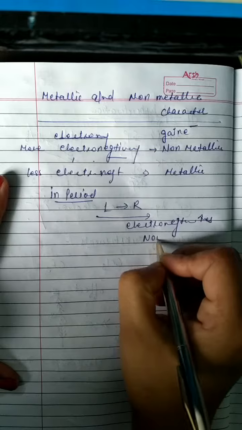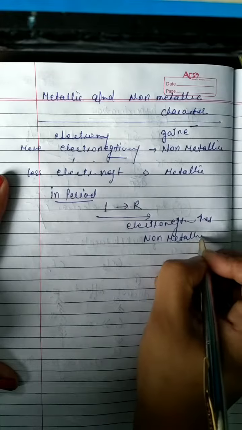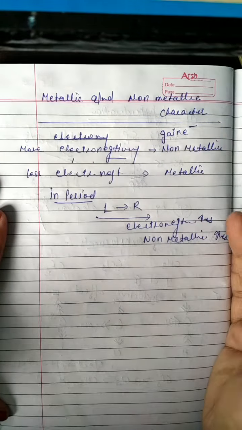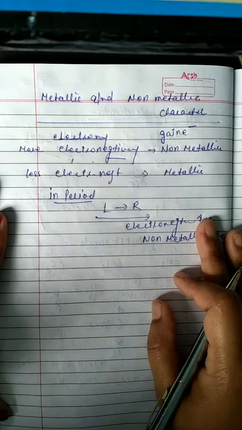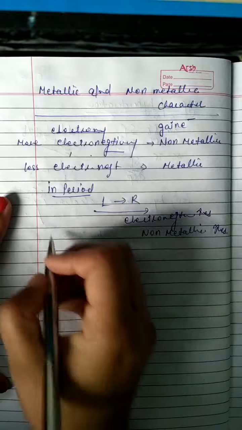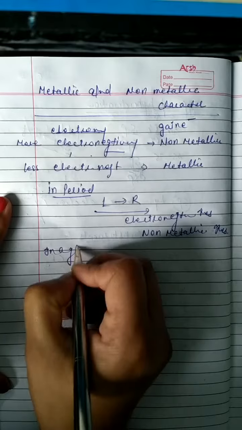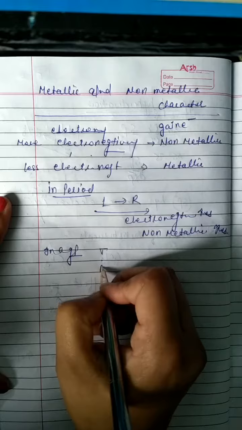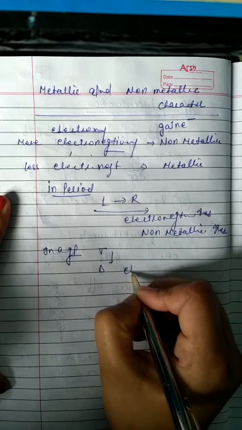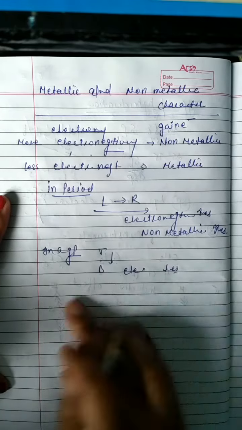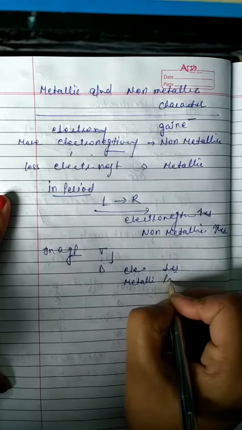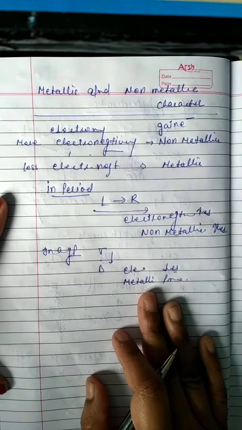So that's why non-metallic character increases. On the right side of the periodic table, non-metals are present, that we have discussed in 10th standard also. Now in a group we are moving from top to bottom. When we are moving from top to bottom, the electronegativity decreases. If the electronegativity decreases, then they show the metallic properties. Clear?